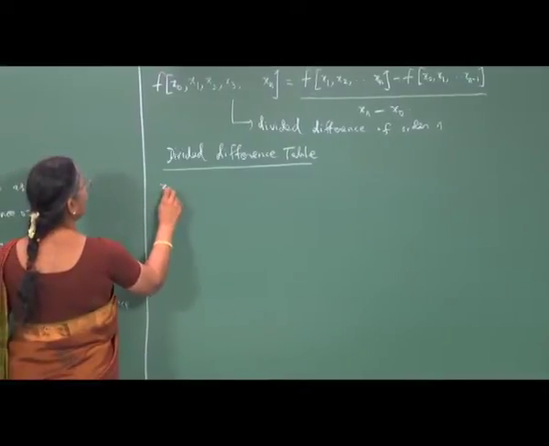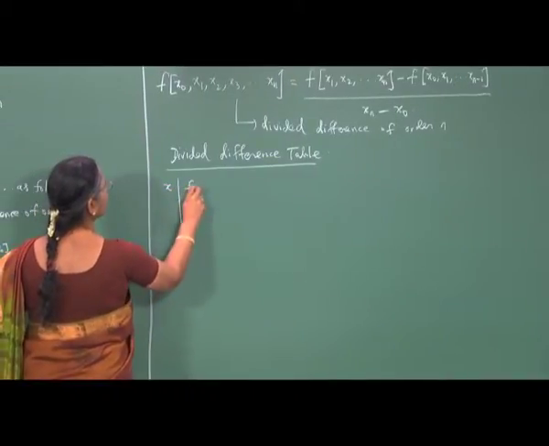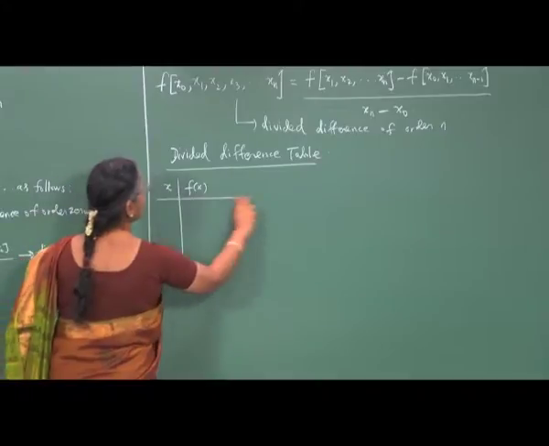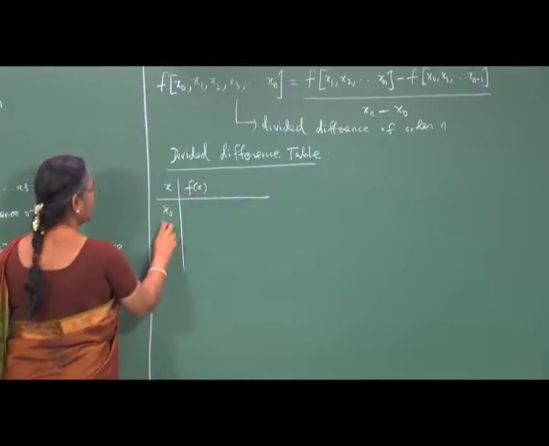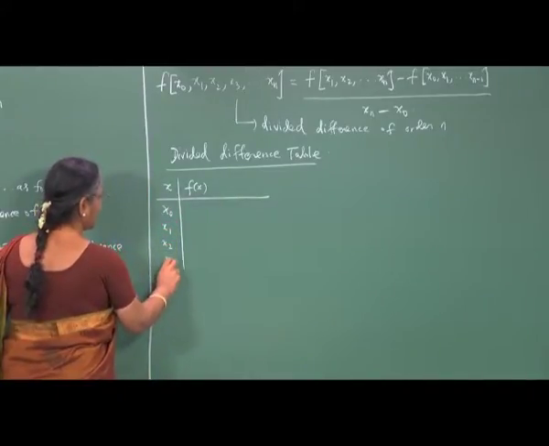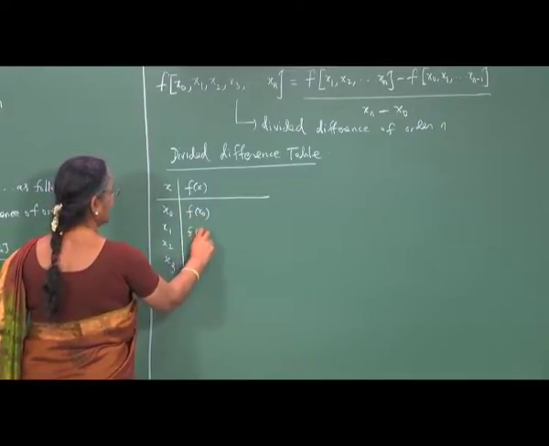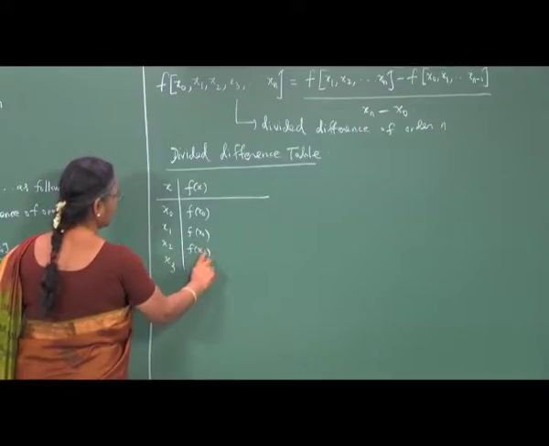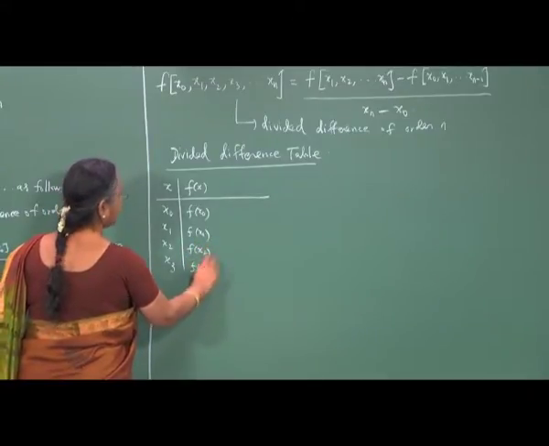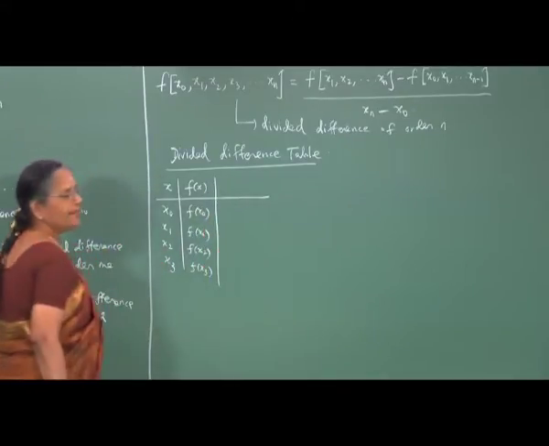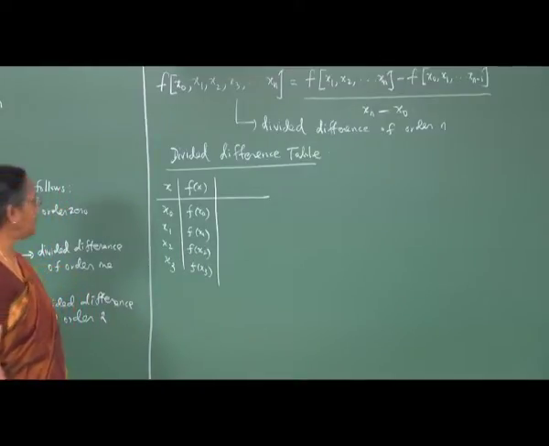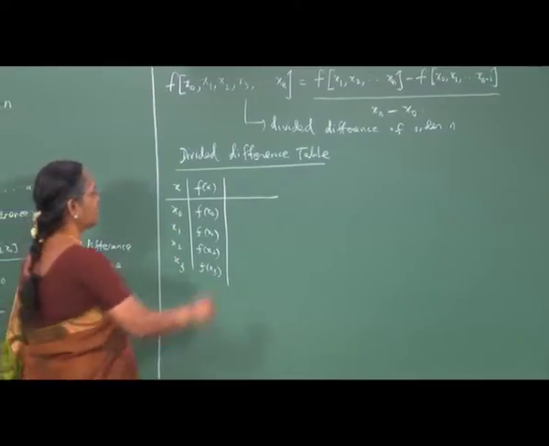So, we are given information about x and f of x at a set of points, say x naught, x1, x2, x3, and the corresponding values are f of x naught, f of x1, f of x2, f of x3. So, I would like to form the divided difference table for the given information.